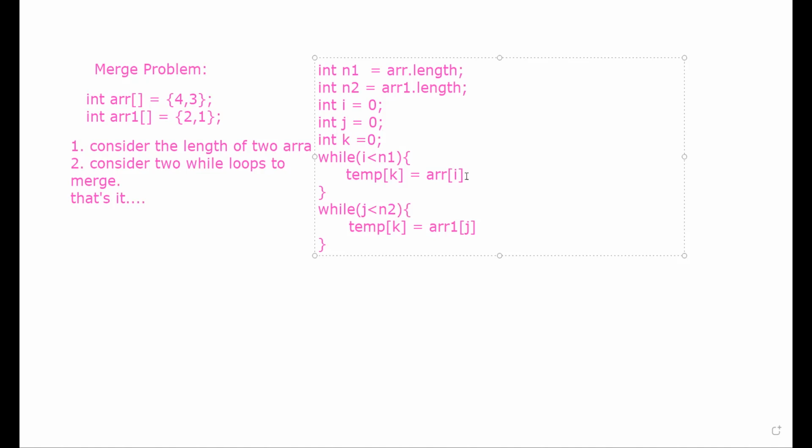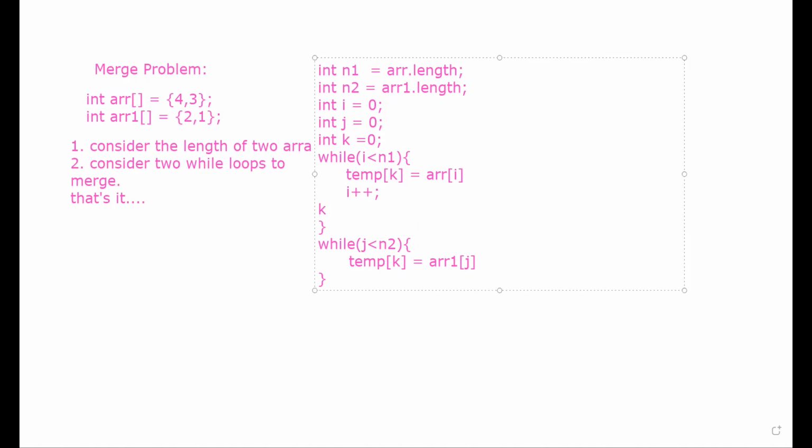As the elements go and settle in the temporary array, I need to increment the value of i and the value of k also, which will be i plus plus and k plus plus. Even here also the same.